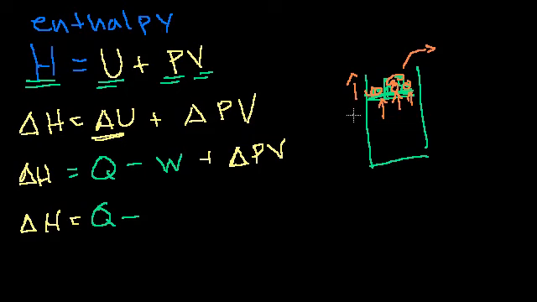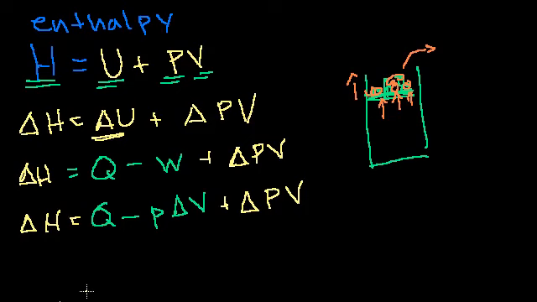We showed multiple videos ago that the work done by the system, which you can view as the volume expansion work, is equal to pressure times change in volume. And now let me add the other part of the equation, so our change in enthalpy can be defined by this.